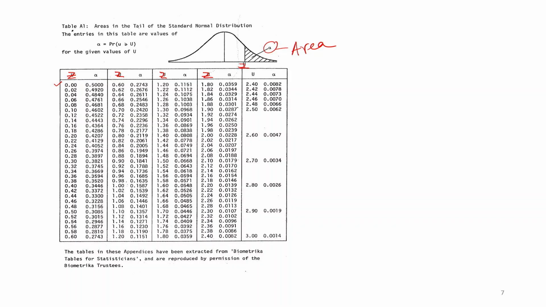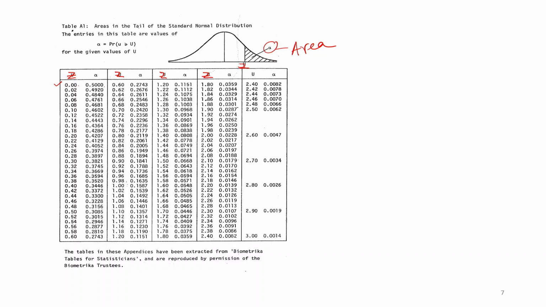Alpha indicates the area beyond the value of Z, whatever value has been quoted here. Now if I see the very first value of Z, it is 0.00, and the alpha value has been quoted as 0.5.